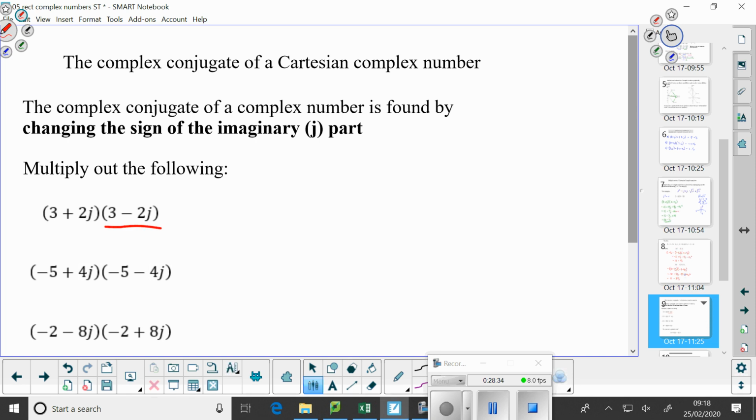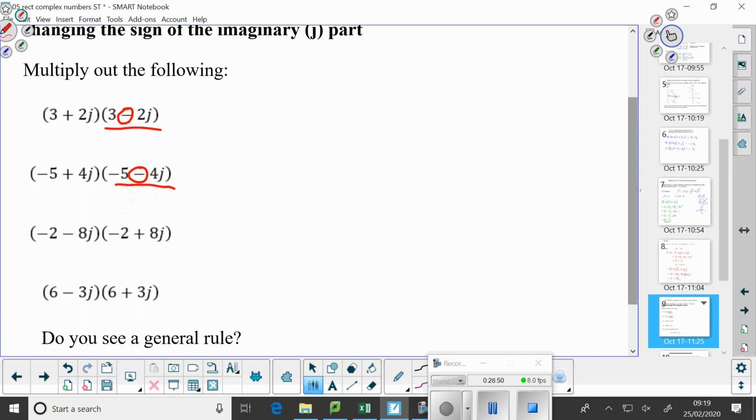The complex conjugate of minus 5 plus 4j is minus 5 minus 4j. We're just changing this sign, either from positive to negative or negative to positive. So the complex conjugate of minus 2 minus 8j is minus 2 plus 8j. The complex conjugate of 6 minus 3j is 6 plus 3j.